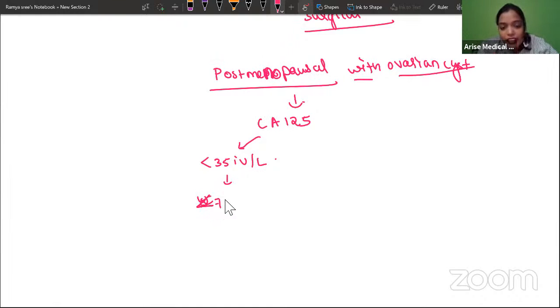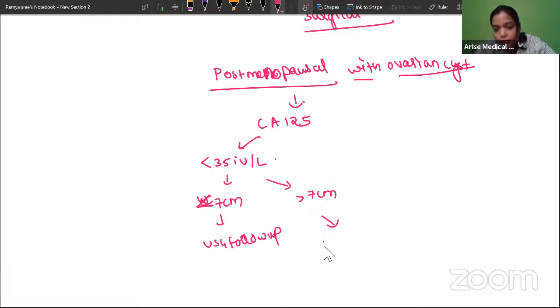If size is less than 7 centimeters, USG follow-up. If size is more than 7 centimeters, then surgical removal. If CA 125 is more than 35 international units per liter, irrespective of the size, surgery.